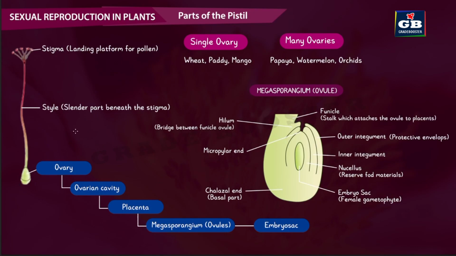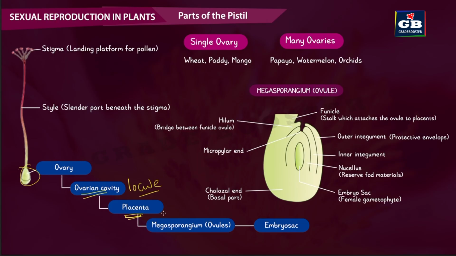Now, let us look at the parts of the ovary. So this is ovary, and the ovary consists of ovarian cavity. The cavity present inside the ovary is called ovarian cavity. It is also called locule. So inside this ovarian cavity, we find a tissue called placenta.